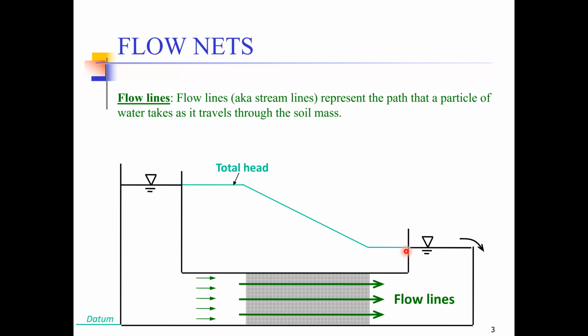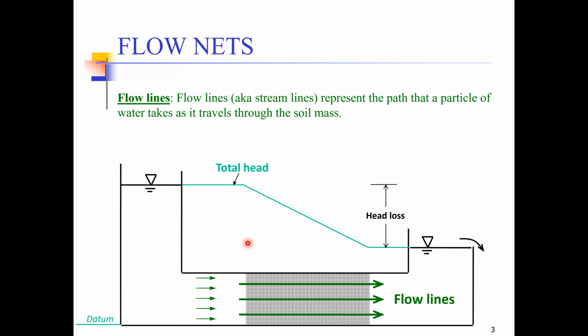If I ask you what is the head loss between the starting point and the ending point, the head loss can very easily be determined simply by the difference of height between the two levels. Now we know the total head in the beginning, and we know the total head in the end.